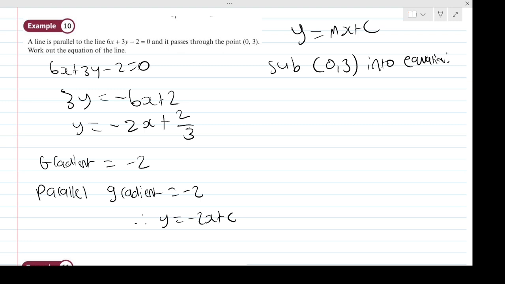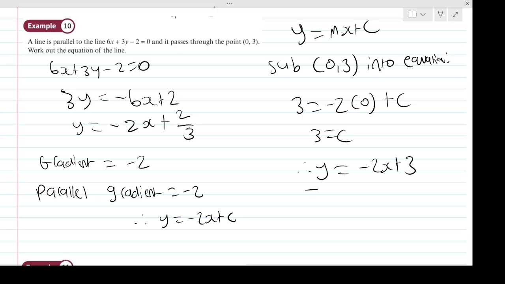To get y, y would be 3, and that's going to equal minus 2 times 0, plus c. Then 3 will simply equal c. So c is 3, therefore y is equal to minus 2x plus 3, and there we are, that's our equation of the line.